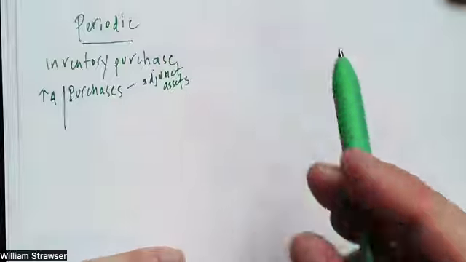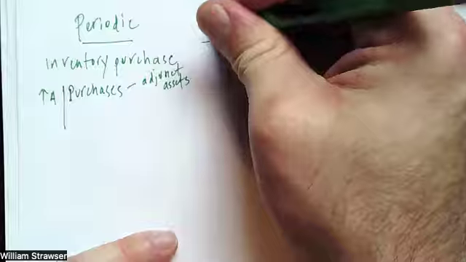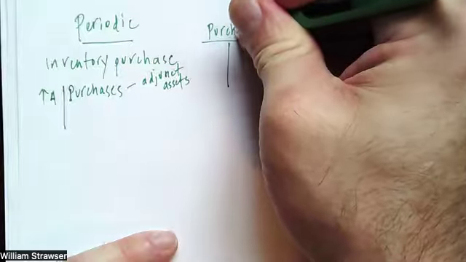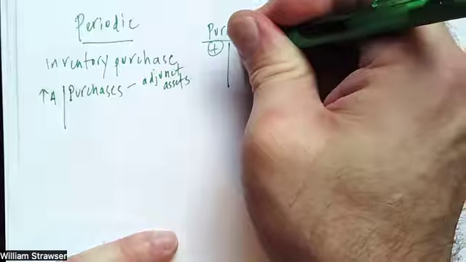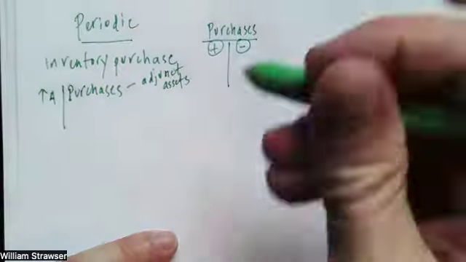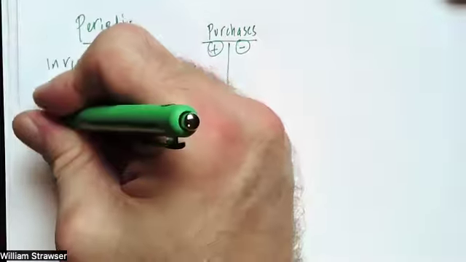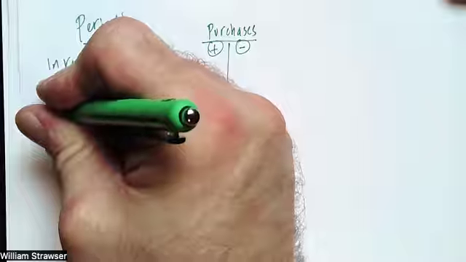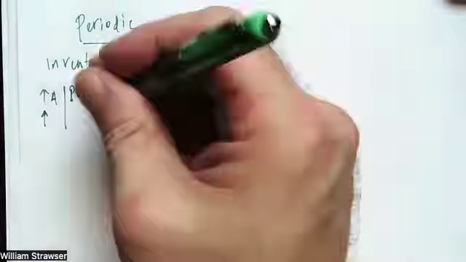There's not that opposite relationship we have with a contra asset, where its balance is opposite of the account it's attached to. In this case, it has the same balance as the inventory account, a debit balance, and debits increase it. And so whenever we make a purchase under this particular system, we debit the purchases account.